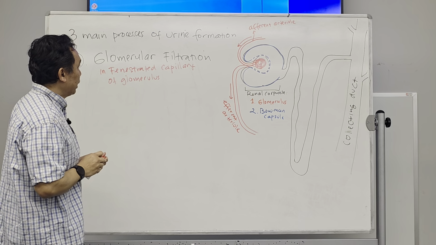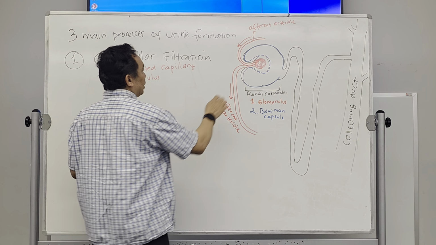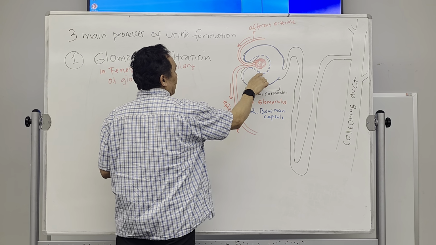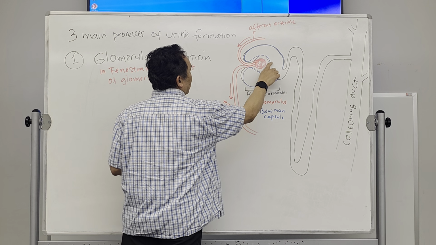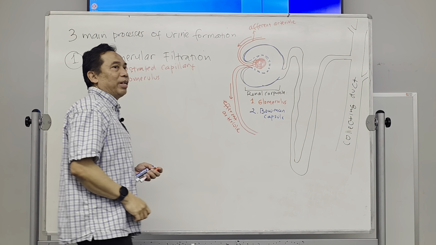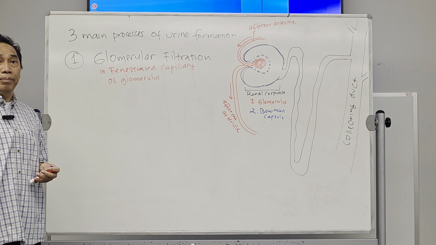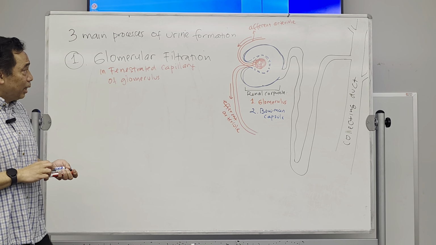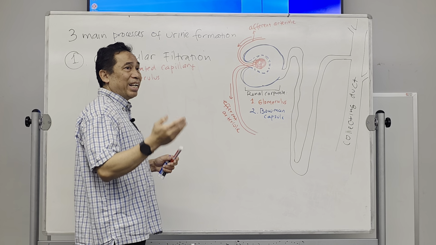In the Bowman capsule, there will be openings or holes that will filter the blood. The blood filtration is actually based on pressure.